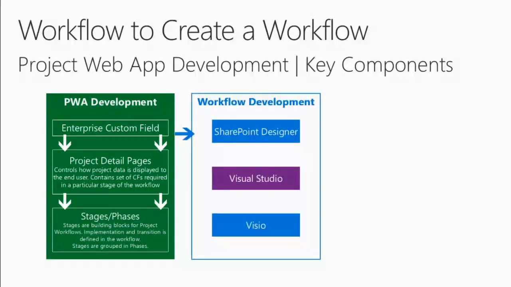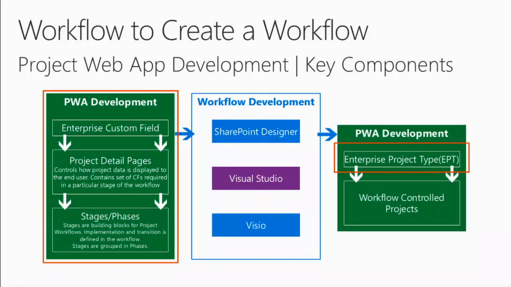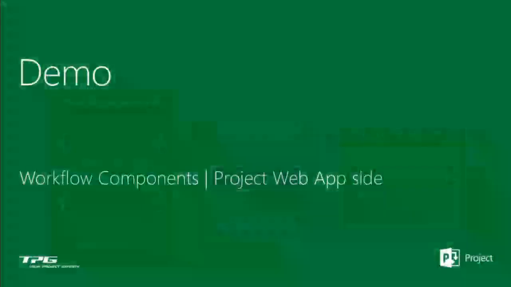You create your workflow in either SharePoint Designer or Visual Studio or Visio. You hit next. You go to PWA again, and then you create an enterprise project type with that particular workflow, and you start creating projects from there. All right? So I was going to demo how to do this, but I'm assuming everybody knows how to do that, so I'm going to continue.